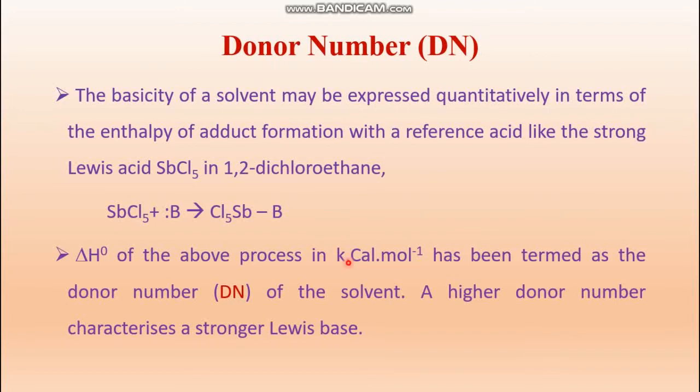If you can determine the enthalpy change of a reaction of adduct formation in kilocalorie per mole, then this is the donor number. So the higher the donor number, the stronger the Lewis base. That means the basicity of the solvent: the more basic the solvent, the higher its donor number.